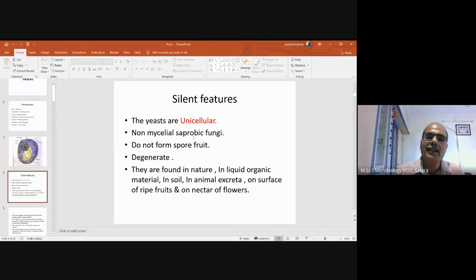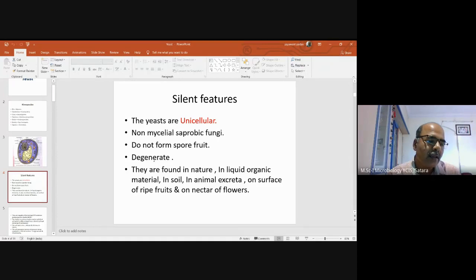They do not form a spore fruit, whereas most fungi produce different kinds of spores. Yeasts are degenerate, that is, they lack properties like molds and become less specialized.